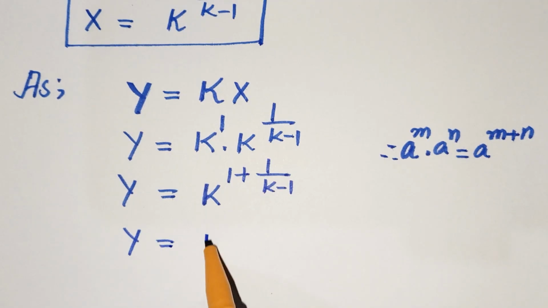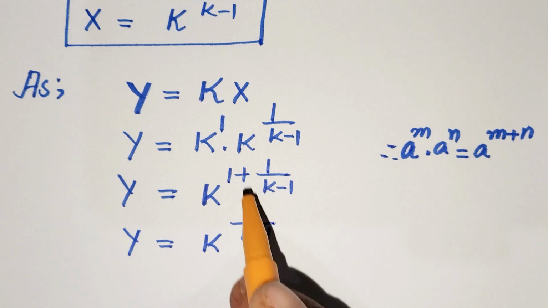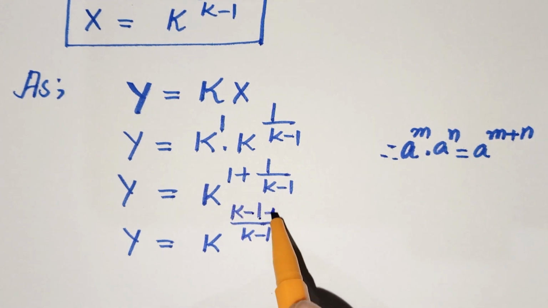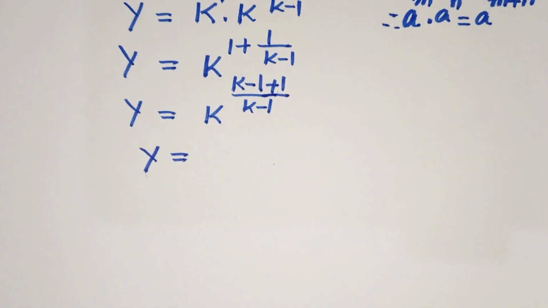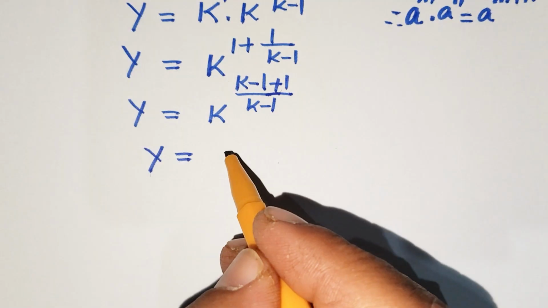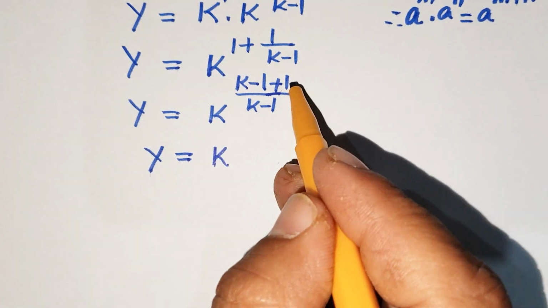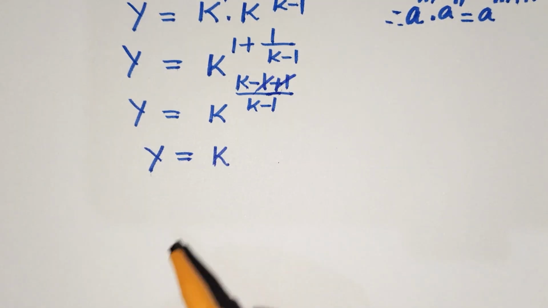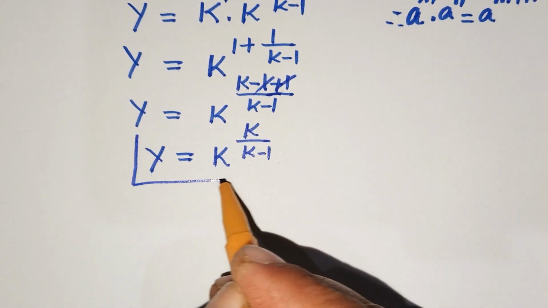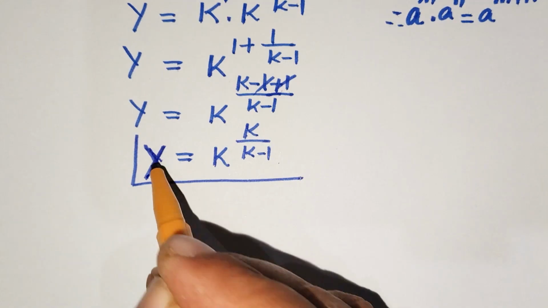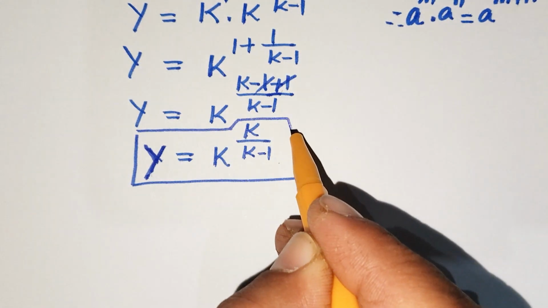Taking the LCM, k minus 1 is the denominator, so we get k minus 1 plus 1. Cancelling minus 1 with plus 1, we have y is equal to k raised to the power k over k minus 1. So this is the value of y that we have just found.